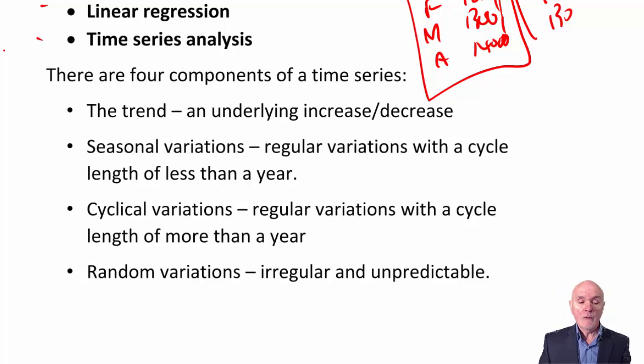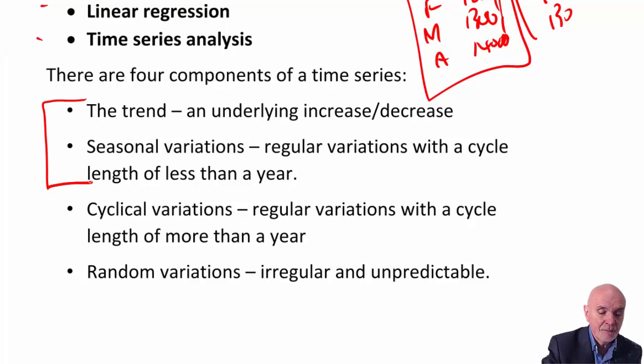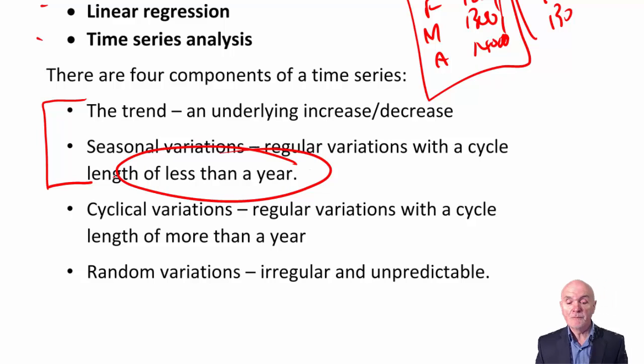And what time series analysis is in particular capable of trying to give us information about are the trend and the seasonal variations. A seasonal variation is any variation of less than a year. Okay, so it could be variations within a week.